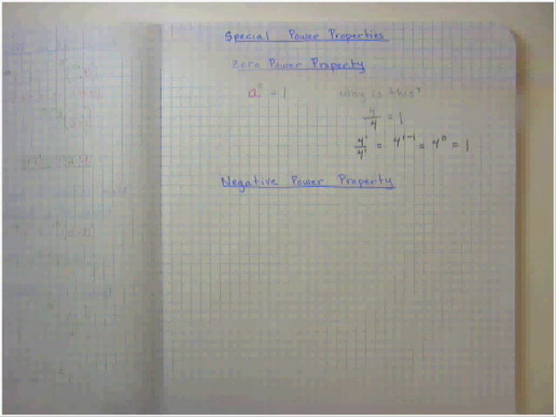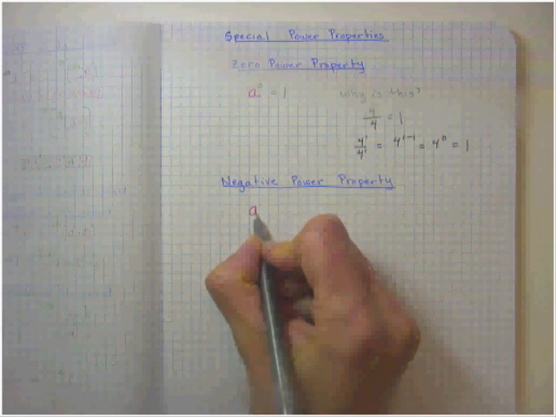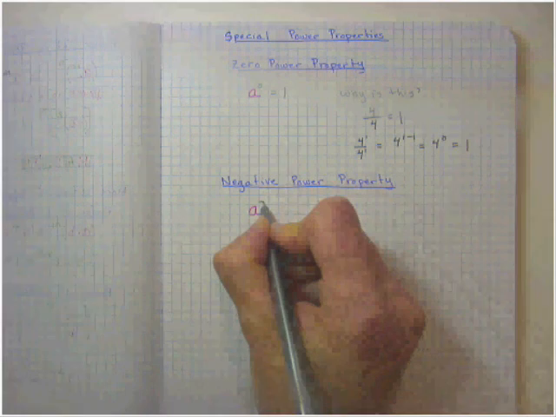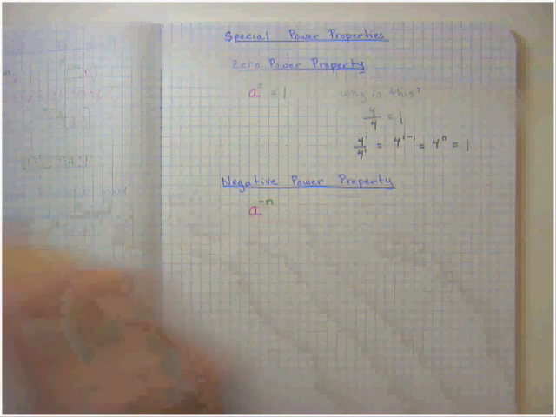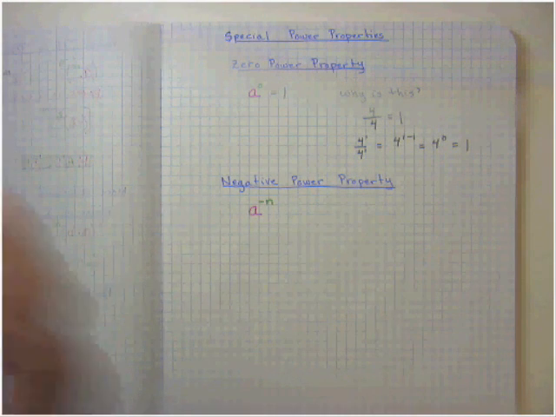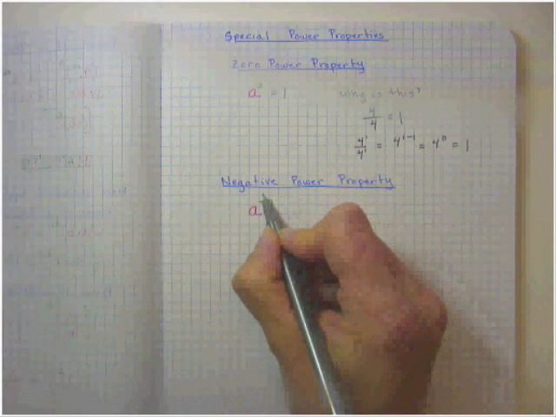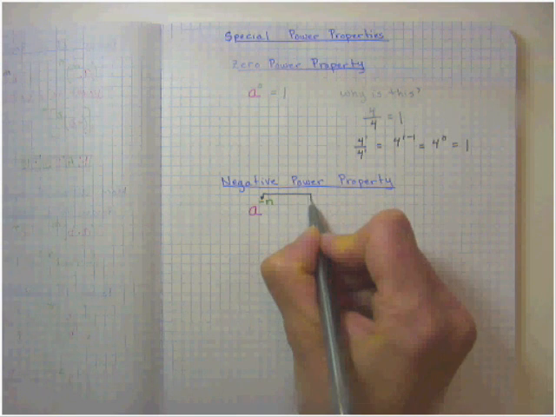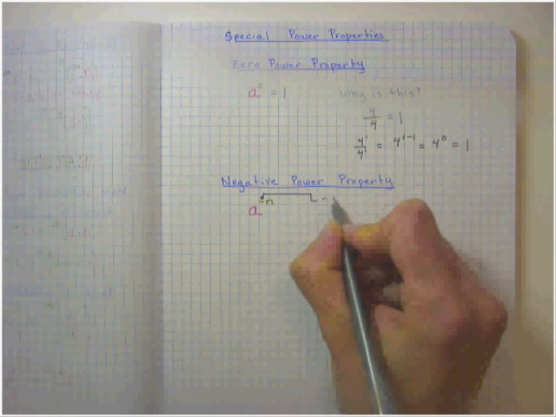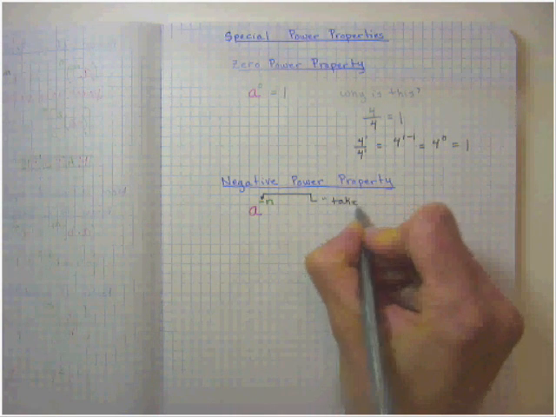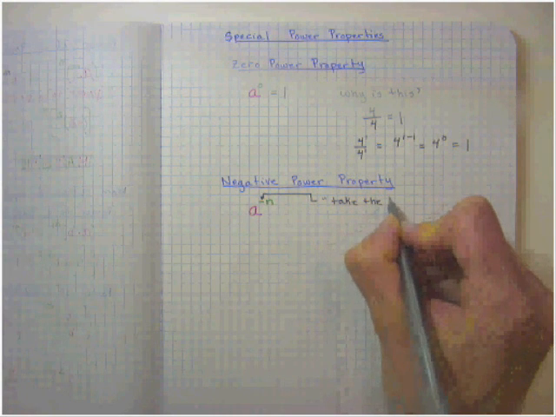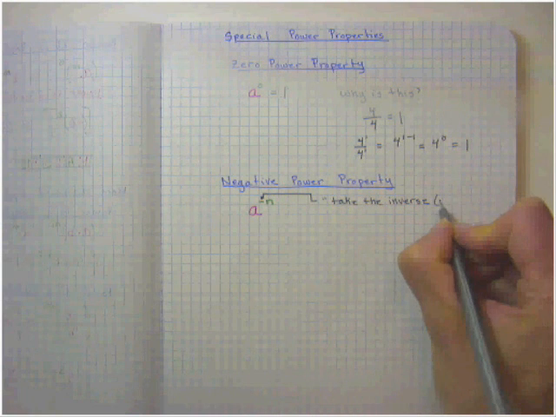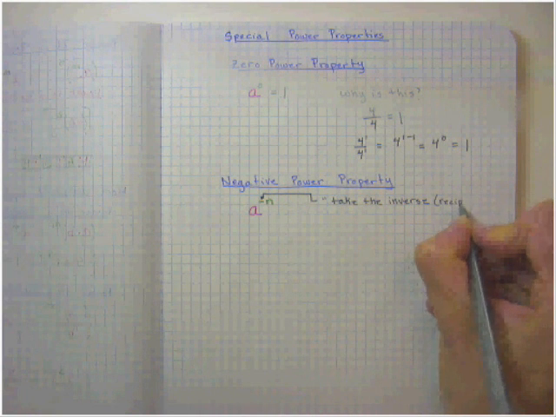So if I have my base a and I'm going to have it say to the negative n, well, what does that mean? That means this negative right here in that exponent means take the inverse. Inverse is another word for reciprocal.